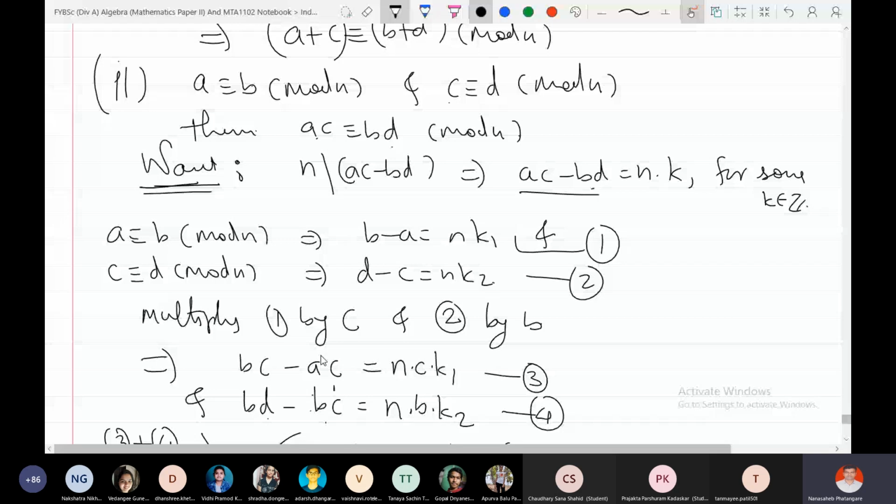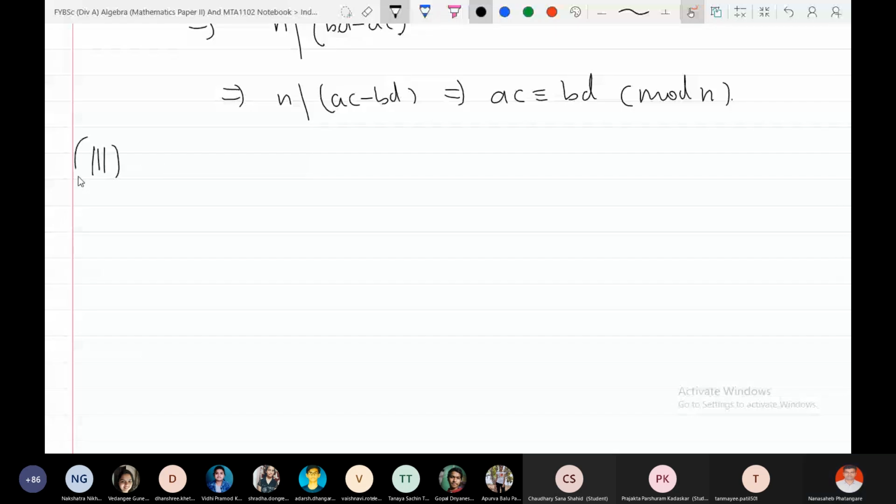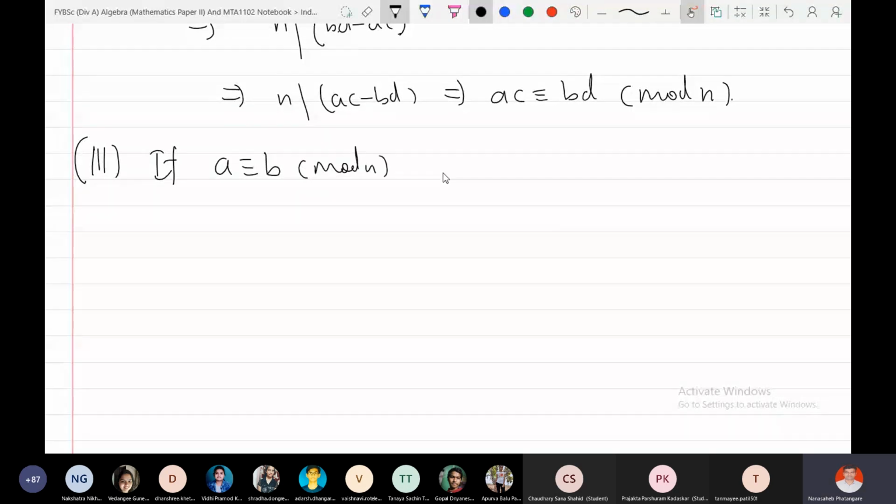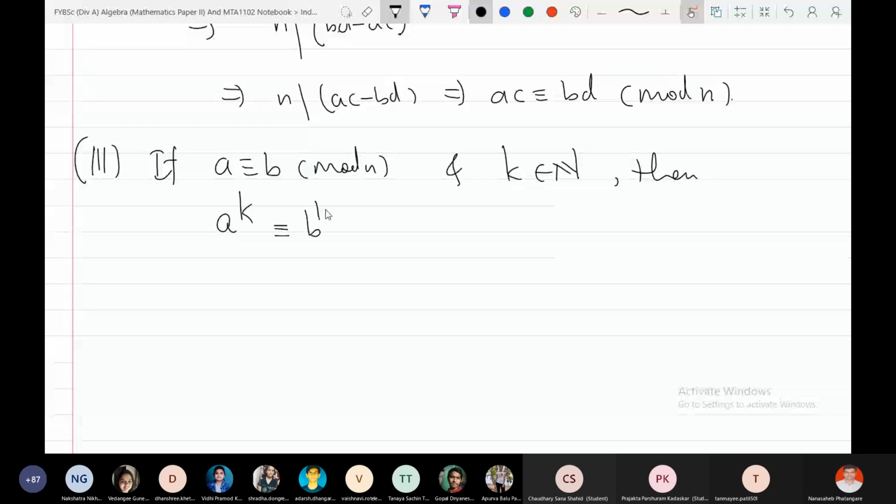And from this we can generalize something. If A is congruent to B modulo N and K is some positive integer, then A raised to K is congruent to B raised to K modulo N. Is it true?